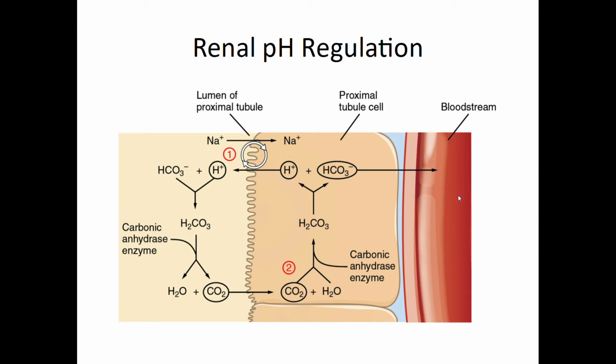So this is looking at a low pH condition. We're going to actively secrete H+, creating this free bicarbonate that's going to go back into the bloodstream. And obviously we're reabsorbing this bicarbonate, but if we reabsorb less of the bicarbonate, then that's going to change it as well.